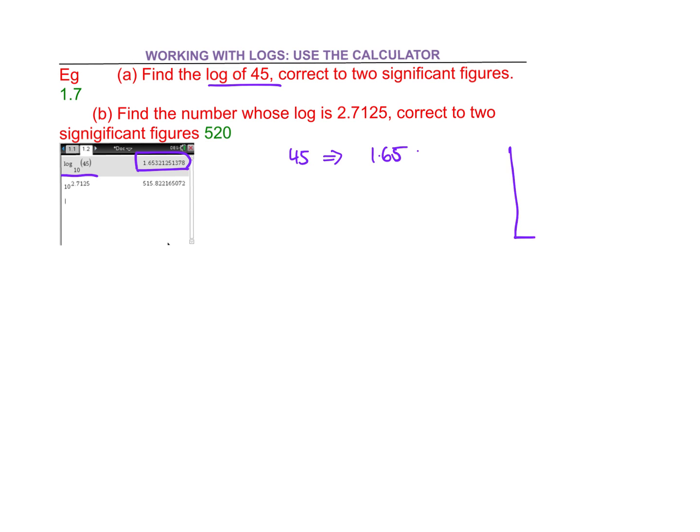If I had a histogram down here with a log 10 scale, you might have -1, 0, 1, and 2. The number 45 has a log scale of 1.65, so it falls in that category.